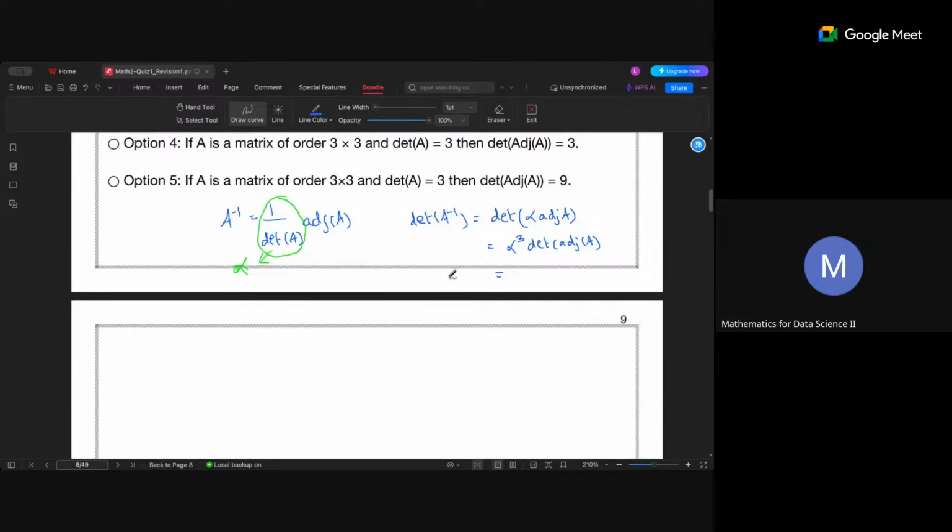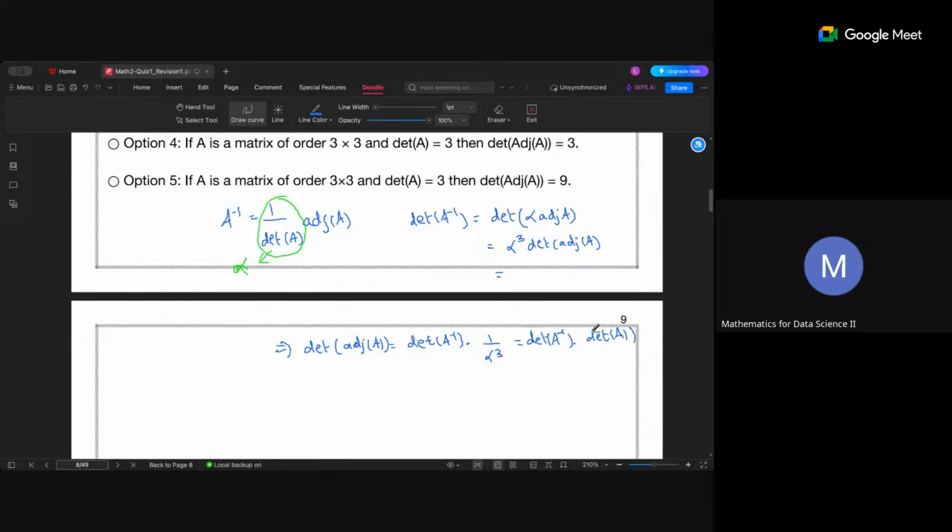Then from here you see that determinant of adjoint of A is nothing but determinant of A inverse into 1 by alpha cube. But what is alpha cube? 1 by determinant of A. So this is nothing but determinant of A inverse into determinant of A cube.